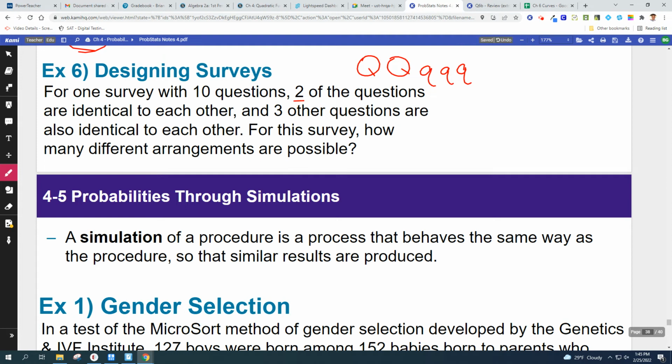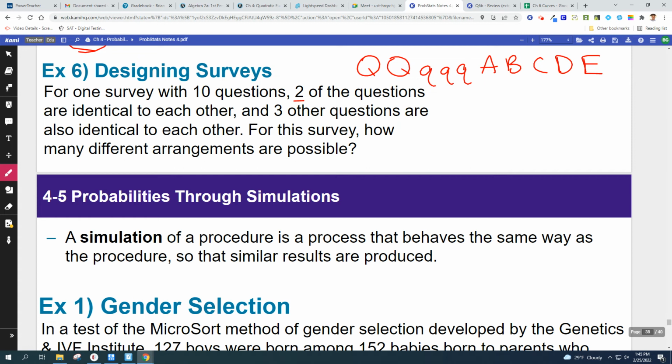Then since there are 10 questions, we must have 5 other questions, so let's just say A, B, C, D, and E. So I just made this question into the Mississippi problem. I've got a word, 2 of the letters are identical and 3 of the letters are identical. I want to know how many ways of shuffling those letters.